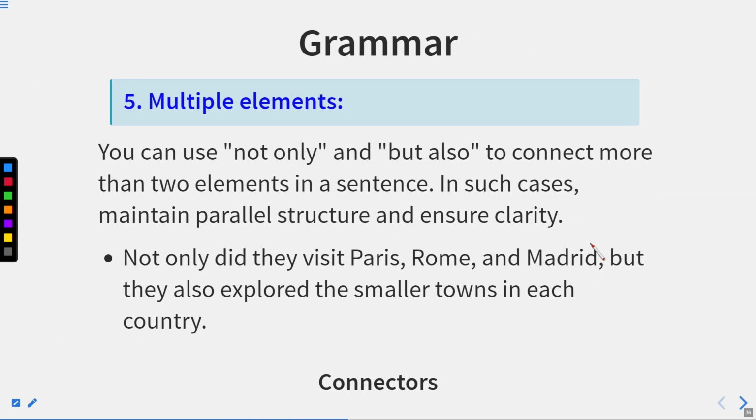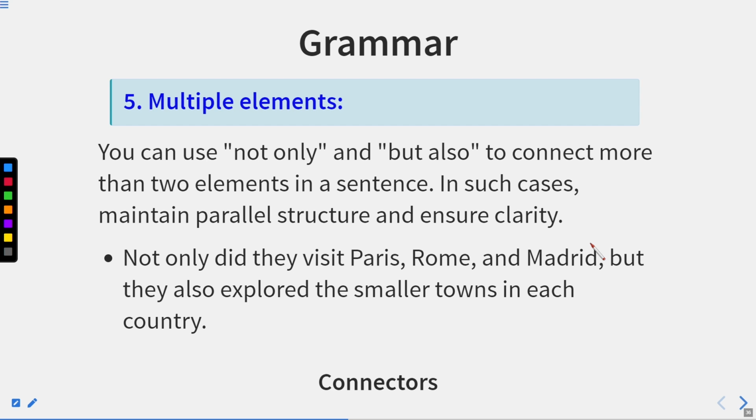Multiple elements. You can use not only and but also to connect more than two elements in a sentence. As I told you a few minutes back, we can also join more than two things or elements or qualities with the help of not only but also. In such cases, maintain parallel structure and ensure clarity. For example, not only did they visit Paris, Rome, and Madrid.